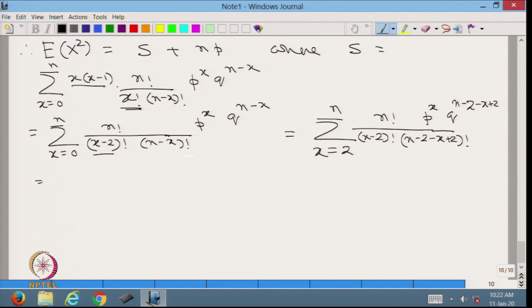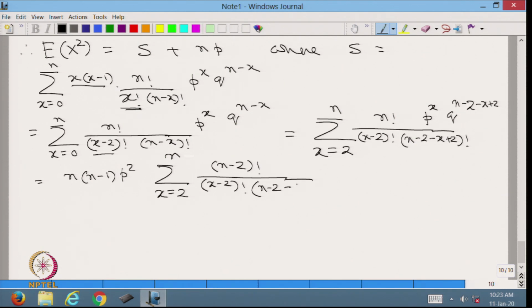which is equal to, if we take n and n minus 1 out of the summation, and p square out of the summation, then we get sigma x equals 2 to n of (n minus 2) factorial upon (x minus 2) factorial with (n minus 2 minus (x minus 2)) factorial, p to the power x minus 2 q to the power n minus 2 minus (x minus 2).